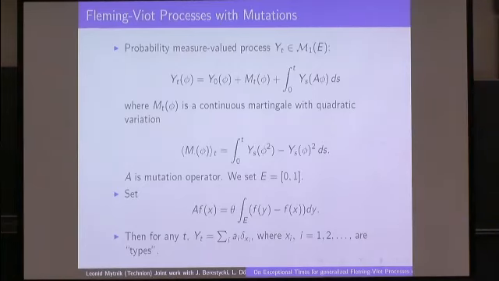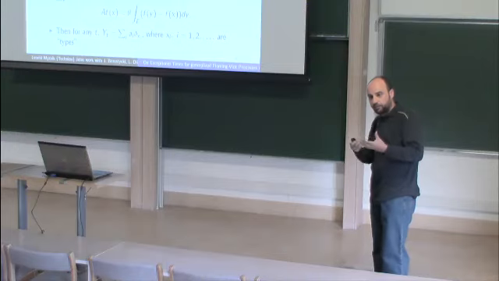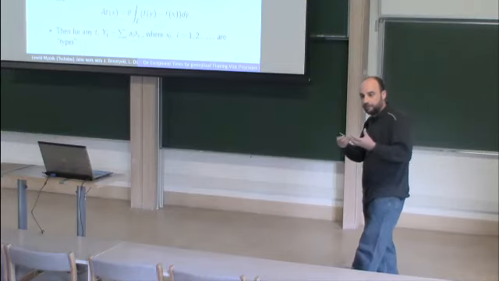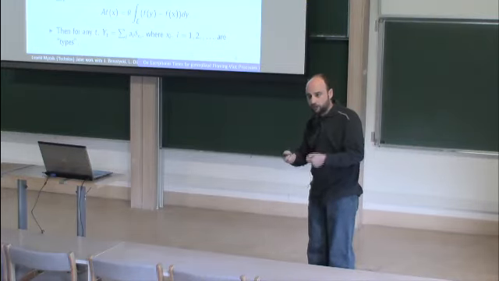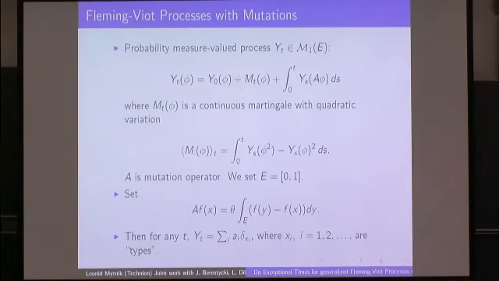By the way, as I said, this depends a lot on the mutation operator. In this talk, we'll talk about this one. If you take A to be Laplacian, the smoothing properties of the Laplacian are very strong, and they overcome this mechanism, and you have a continuum number of types in the population.